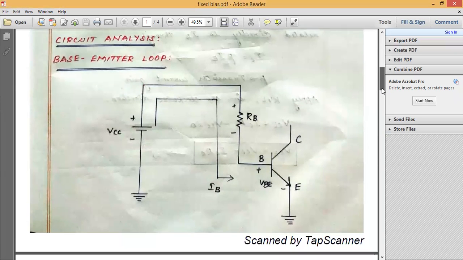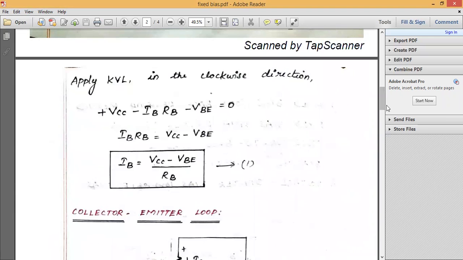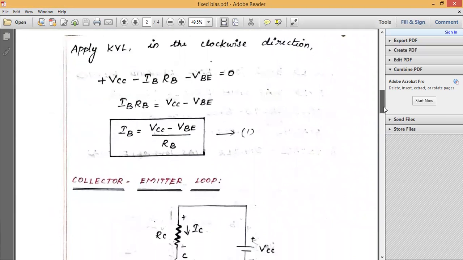To analyze the circuit, first we have to consider the base emitter loop. We apply KVL to the base emitter loop. When we apply KVL in the clockwise direction, we get VCC minus IB RB minus VBE is equal to 0.